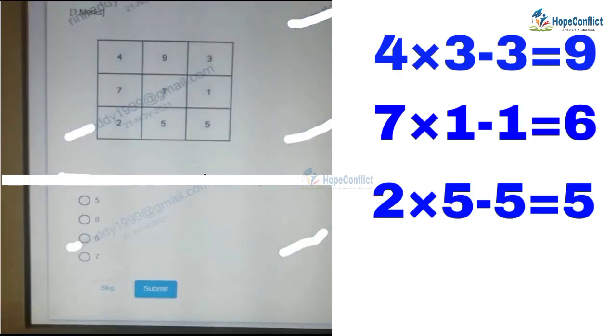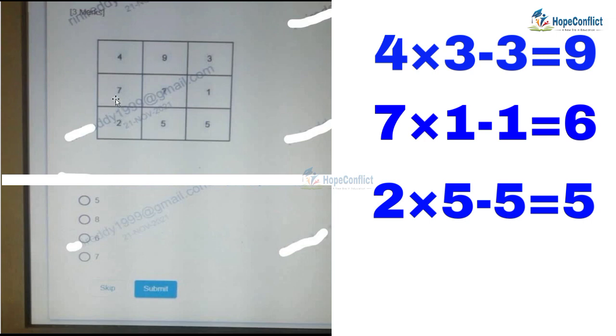Now considering the next puzzle, if we consider row 1, we multiply the number given in column 1 and the number given in column 3 and subtract the number given in column 3, then we will get the number given in column 2. So considering the first row, if we multiply 4 and 3 and subtract 3 from it, we will get 12 minus 3, which is 9, which is given in column 2.